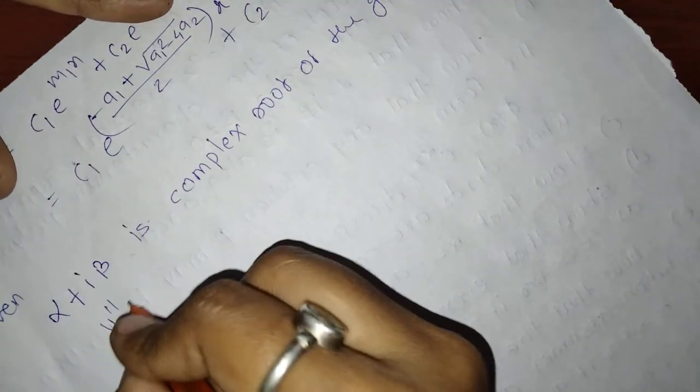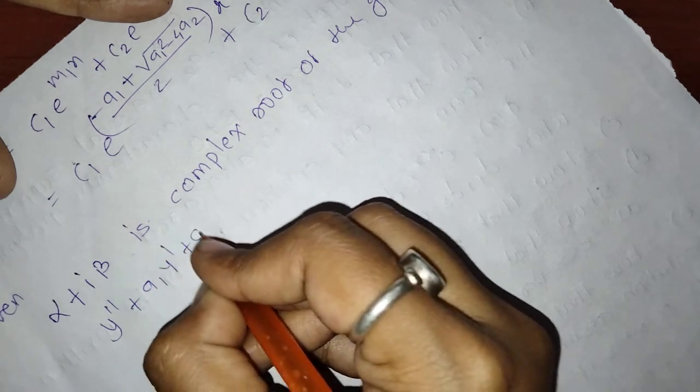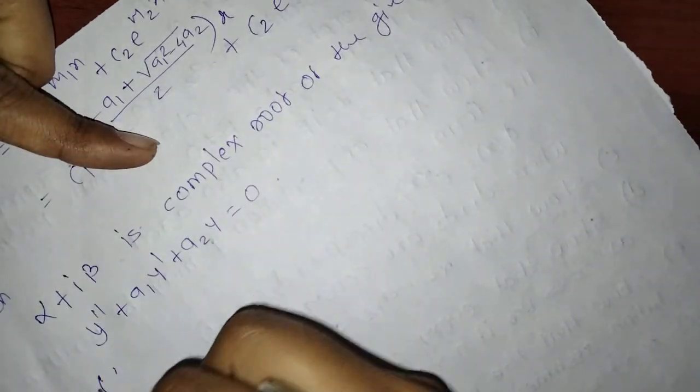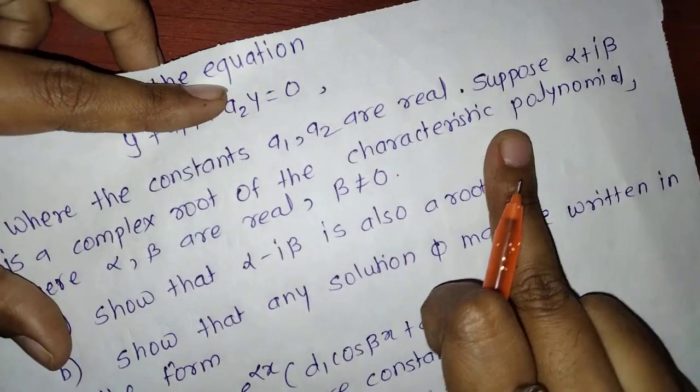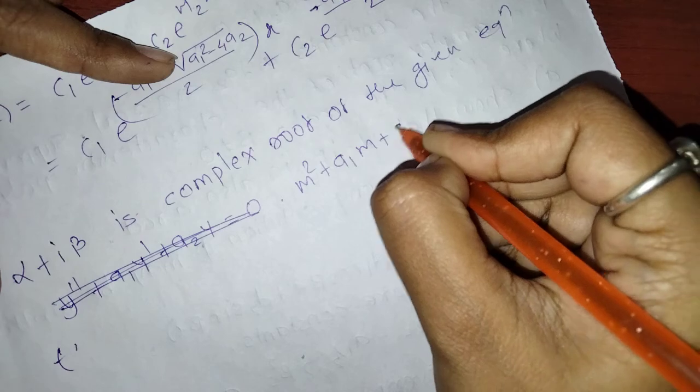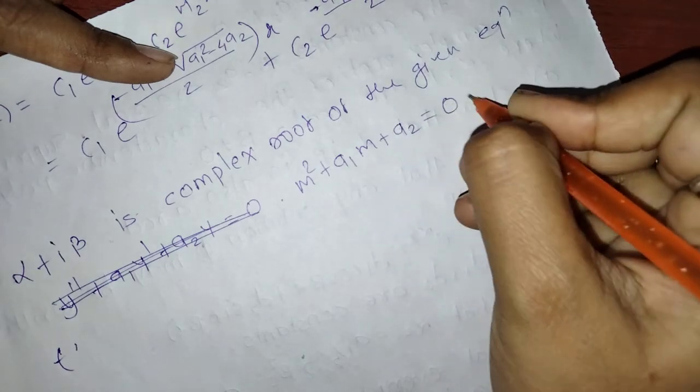Which equation? y'' + a1y' + a2y = 0. Alpha plus i beta is not a complex root of this equation, it's a complex root of the characteristic polynomial. Characteristic polynomial means m square plus a1m plus a2 equal to 0.